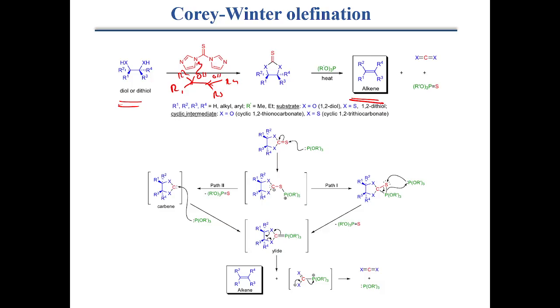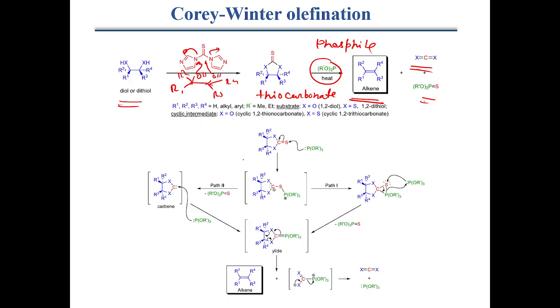First this will attack and imidazole will leave, and this will attack and imidazole will leave. So first this will give this thiocarbonate. Now this thiocarbonate in the presence of phosphite gives alkene, along with carbon dioxide and the phosphine sulfide complex.